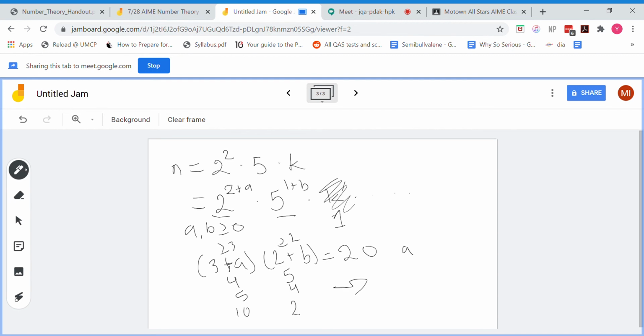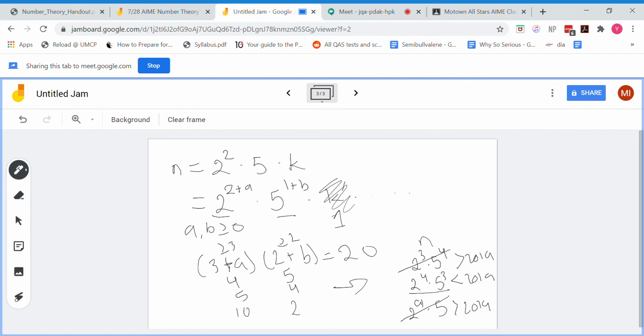Actually we don't even need a and b, because this gives n as 2 to the power of 3 times 5 to the power of 4, 2 to the power of 4 times 5 cubed, and 2 to the power of 9 times 5. So these are all 20-pretty numbers. And we can check that this is greater than 2019, so we can't consider that. And this is also greater than 2019. But this is less than 2019, so we got 1.